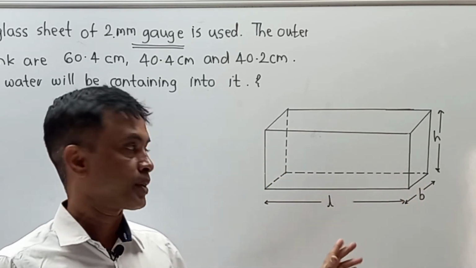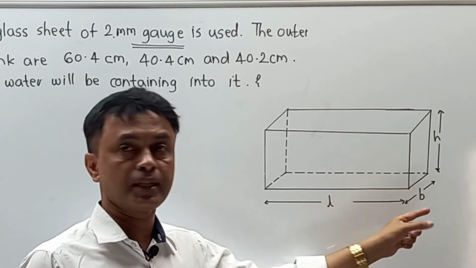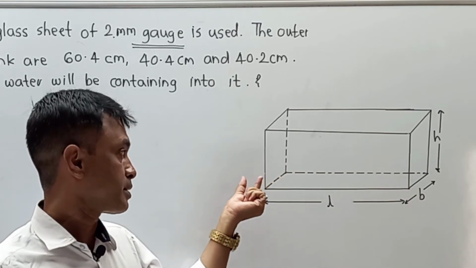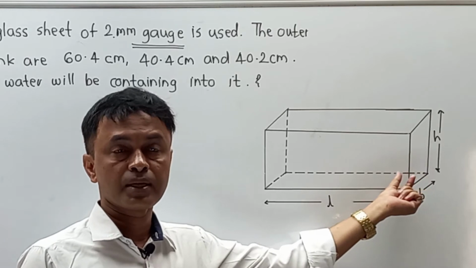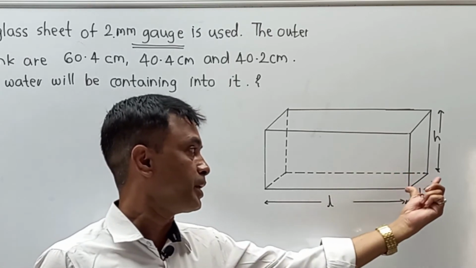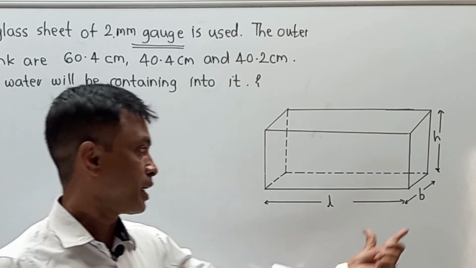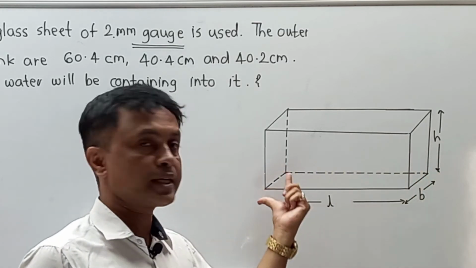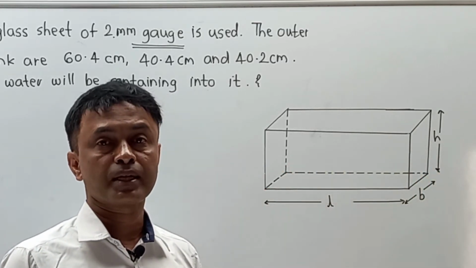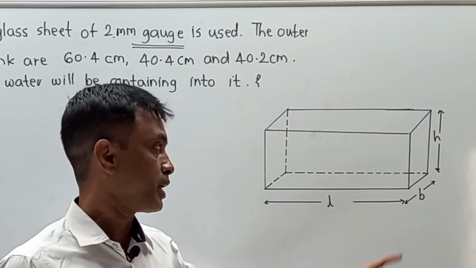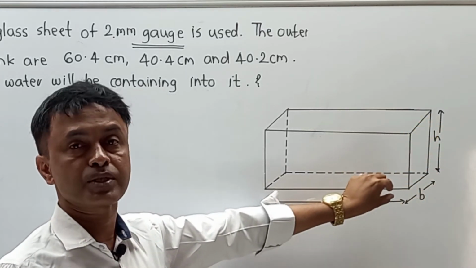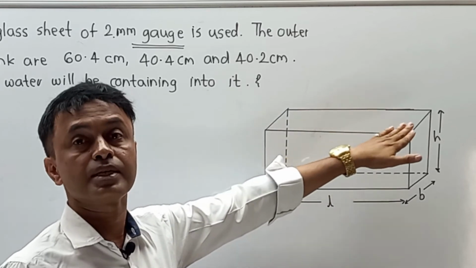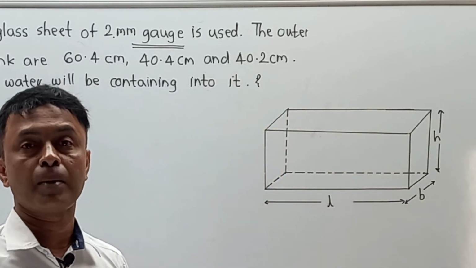What does it mean? If there is a particular length, and the glass has some thickness, we have to subtract the thickness from both sides. Same for breadth or width, from one side and the second side, you have to subtract the thickness from both sides. For the height, we can take the thickness only from the base, we cannot take it from upstairs, because the fish tank is open from the upper part.